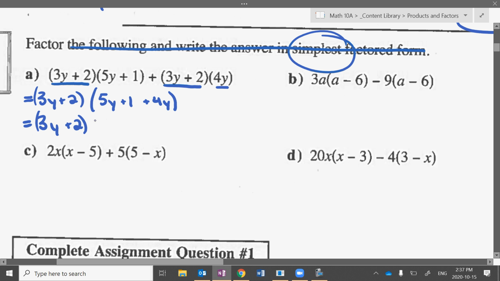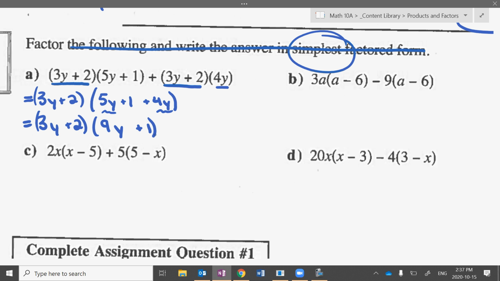They're in the same set of brackets, so if I have 5y's here and 4y's here, that gives me 9y plus 1. You have to do that. You are expected to always leave it in simplest form. Sometimes we forget because we get in our routine of doing one step, and then all of a sudden you forget to follow through. I'm going to skip B. I think you guys can manage B.